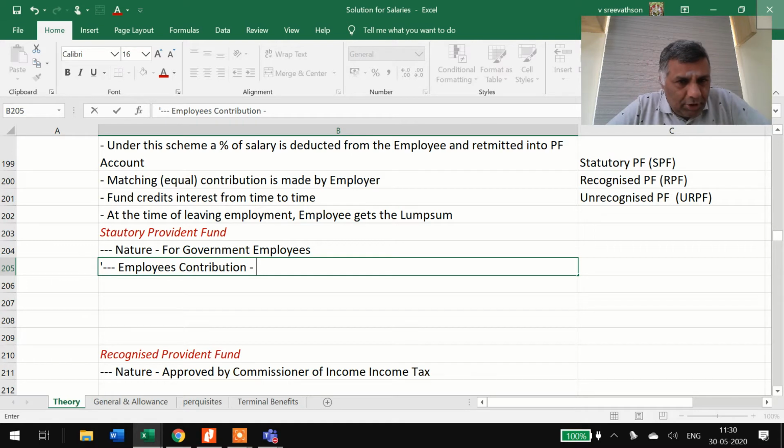Simran, are you there? Yes, sir. Simran, the salary for you is 20,000 per month. I am reducing 2,000 from your salary and depositing it in your name in the PF account.